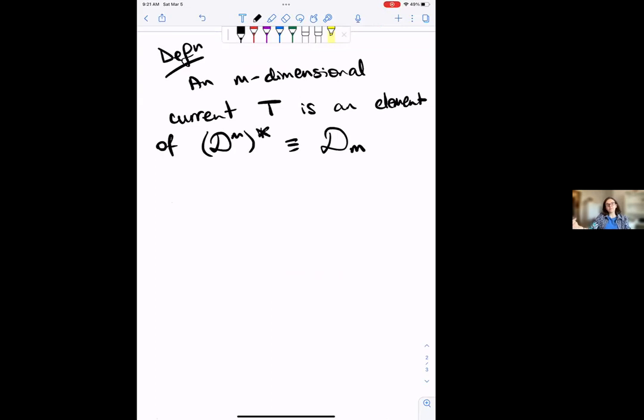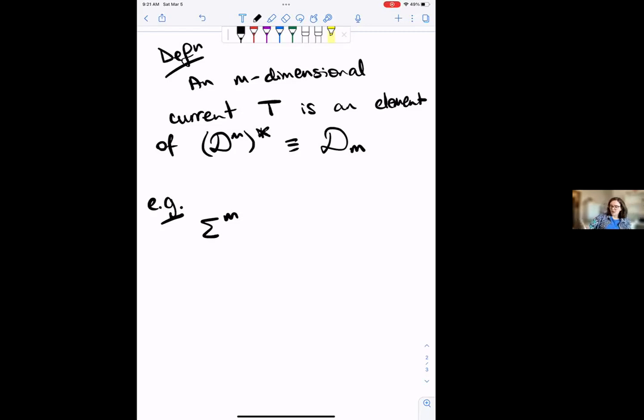So for example, in particular, note that in this definition it's kind of implicit that currents come with an orientation, right? Because m-forms orient surfaces.